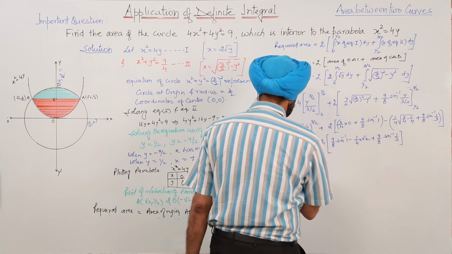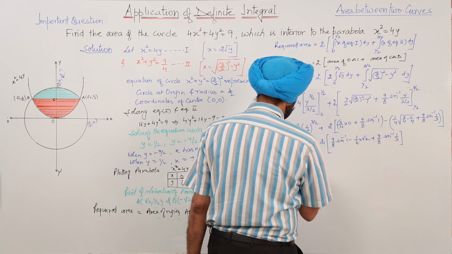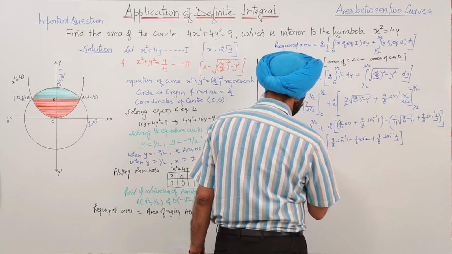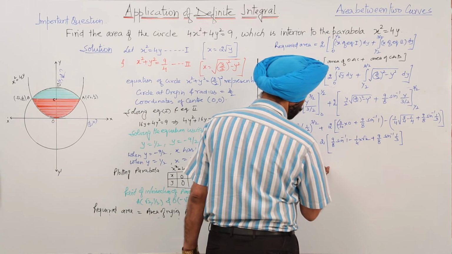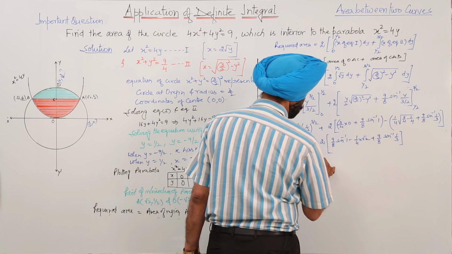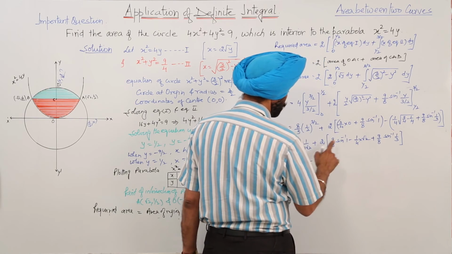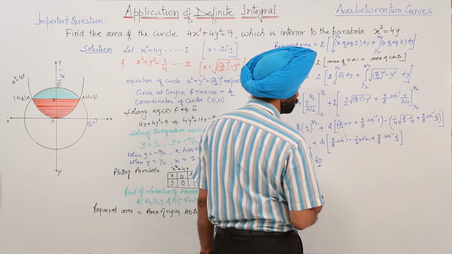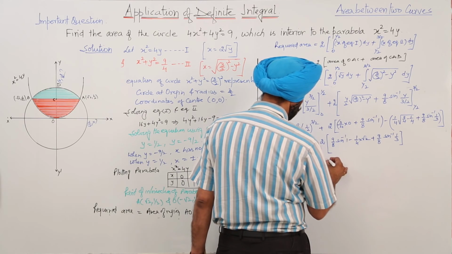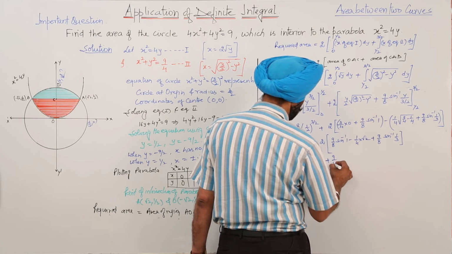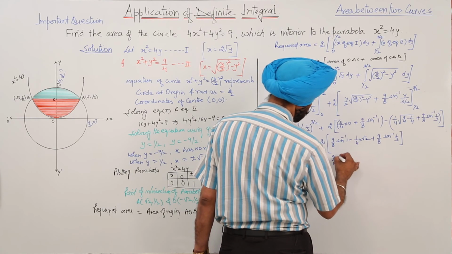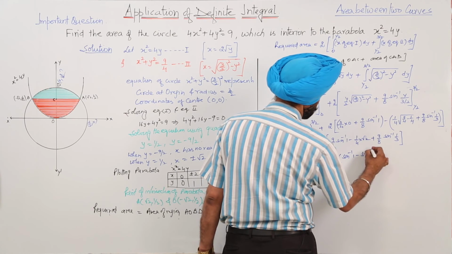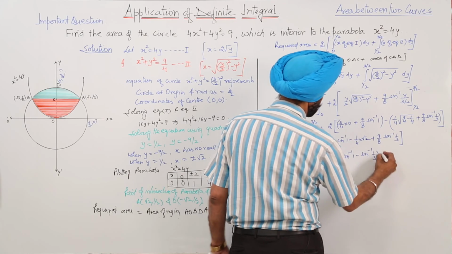Now this can be written as 2 root 2 upon 3 minus, it will be now 2 into 1 by 4, it is square root of 2 upon 2 plus 9 by 4 sine inverse 1 minus sine inverse 1 by 3.